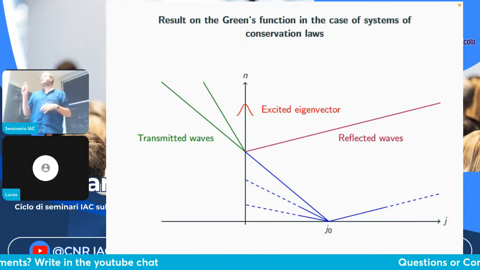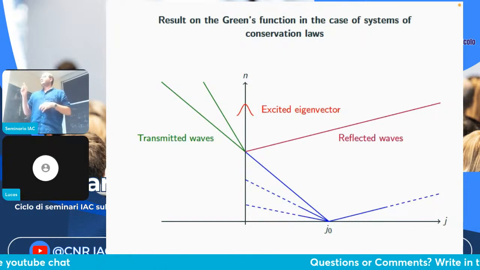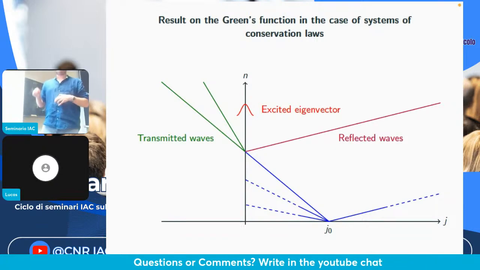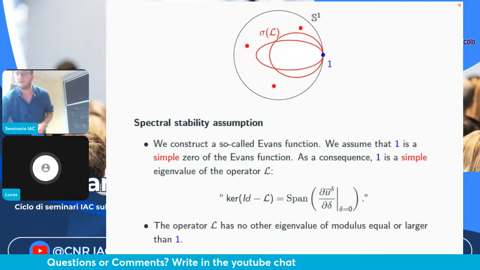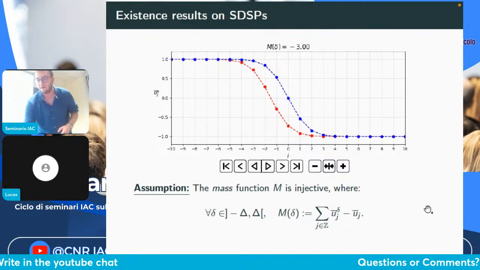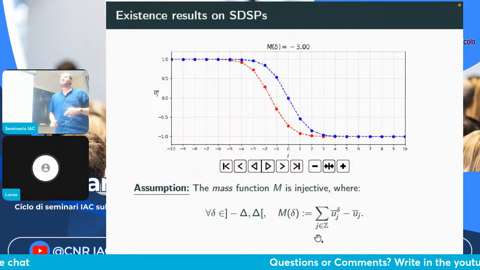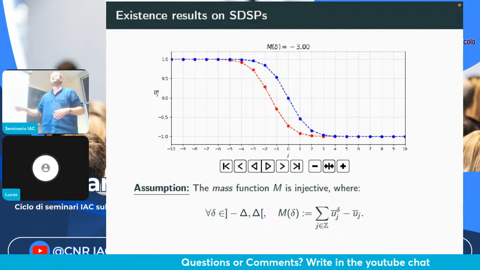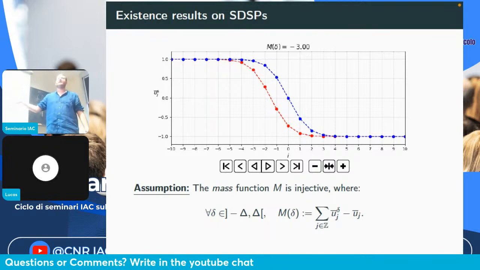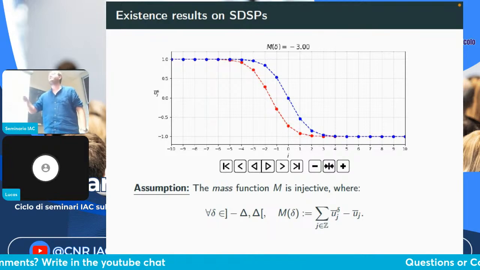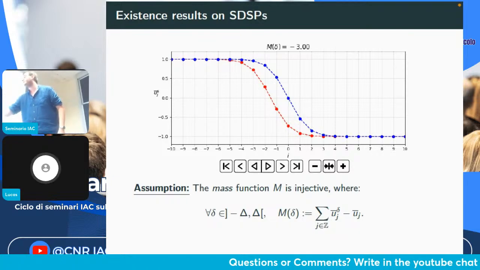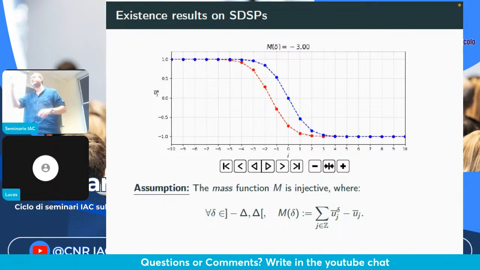That's the first thing. The second thing, that creates a bit more difficulty, is that I think there are questions surrounding this mass function here. So this mass function, in the scalar case, essentially, if I take any perturbation, I can find an associated discrete profile because it's a scalar. So if I take any perturbation, there will be some delta such that this is true if it's small enough.